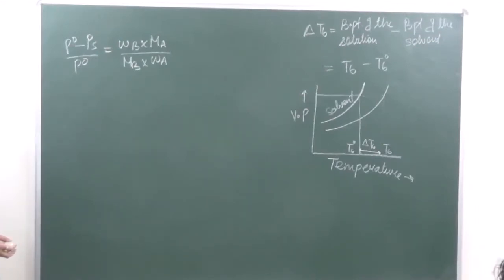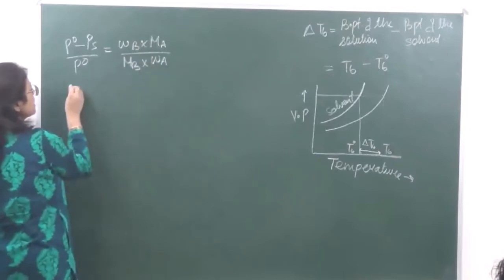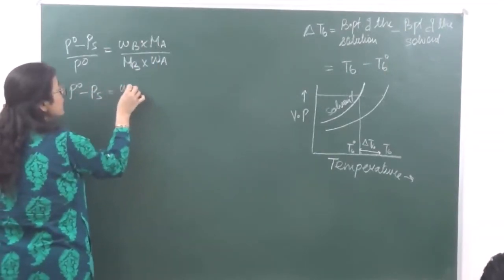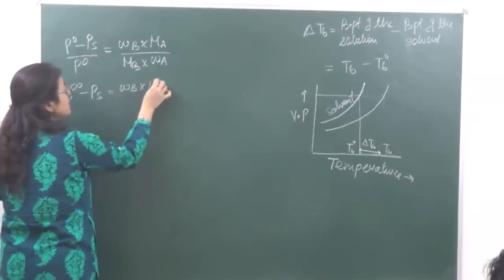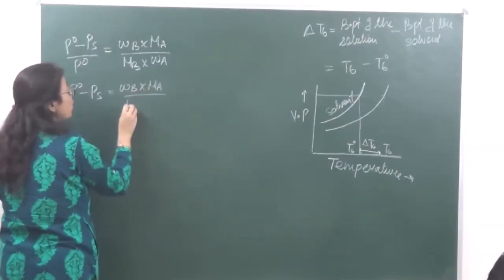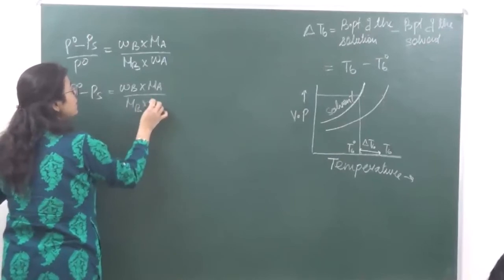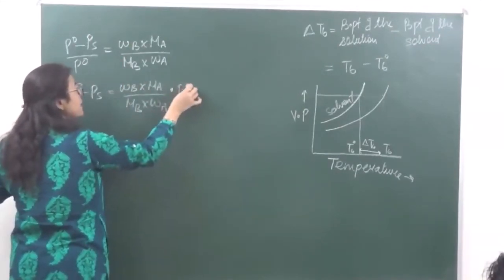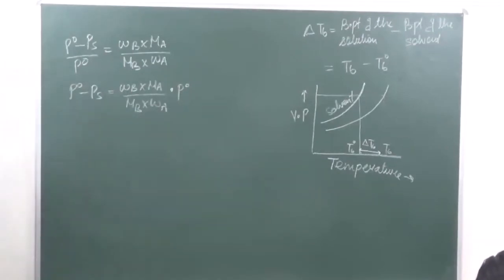Okay, so if we are taking P naught minus Ps, then P naught minus Ps is equal to WB into MA upon MB into WA, into P naught. We have taken this P naught to that side, right?